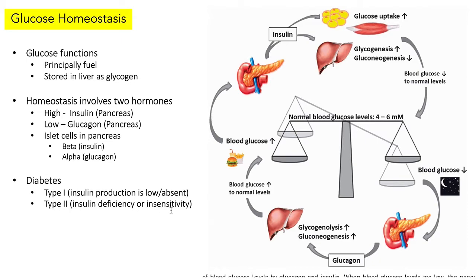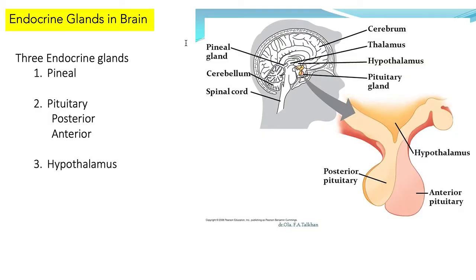Diabetes 2 is more common in people who are obese. It's still an open question whether obesity causes type 2 or type 2 causes obesity. Anyway, this is the second homeostatic system that involves the endocrine system, and I want you to be able to use this and make sense of it.